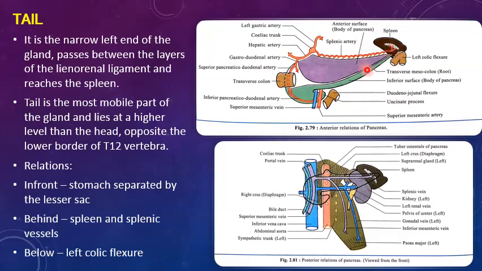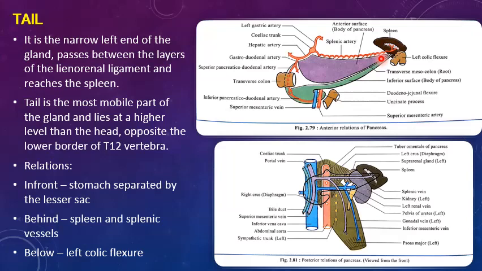And this tail is the most mobile part of the gland, and lies at a higher level than the head. The head was at L1 and L2, right? Opposite the L1 and L2 vertebrae. Whereas the tail will be at the level of the T12 vertebra. So this point you have to note down: T12 vertebra, the level of the tail.